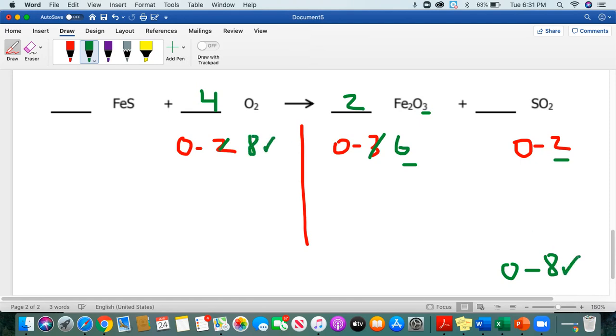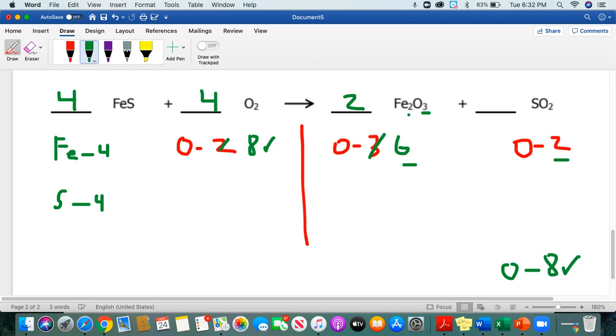Now I can worry about the other atoms. So now I have 4 iron here because 2 times 2 gives me 4, so I got to put a 4 there. Okay. So now, in terms of iron, I have 4. In terms of sulfur, though, I also have 4.